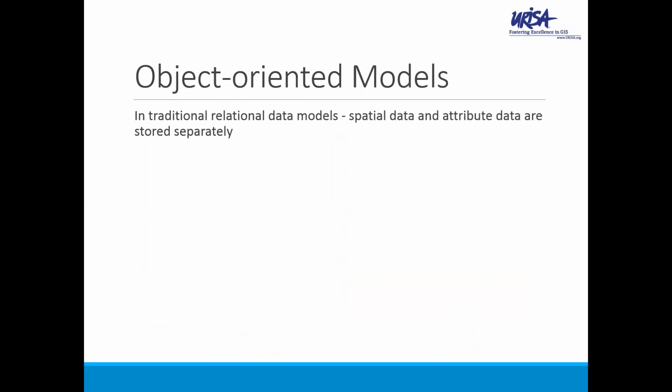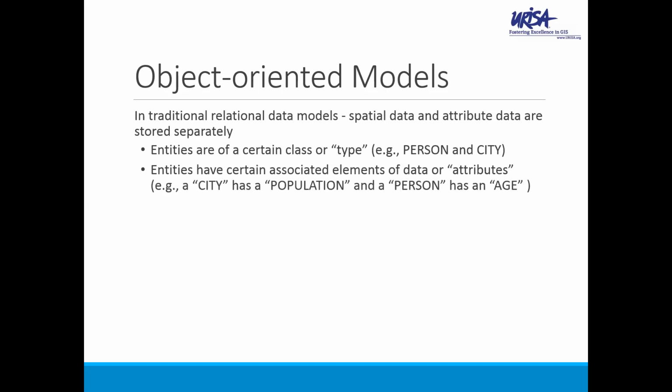The relational or entity relationship models provide for database entities that have certain attributes on which relationships can be built. Entities of a certain class or type, for example, person and city. And then entities have associated elements of data, or what we might call attributes.